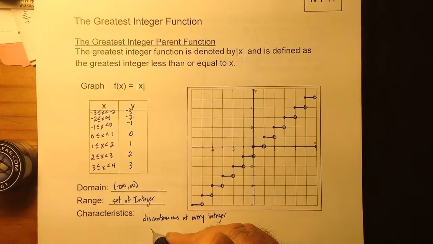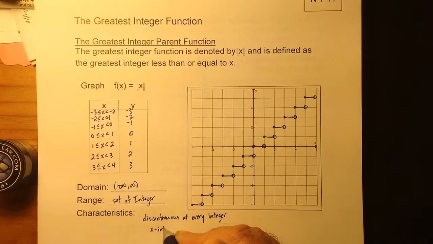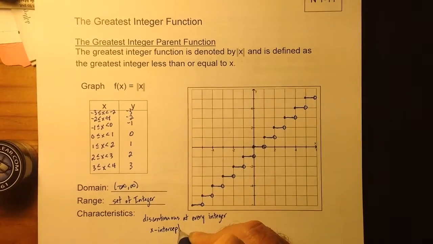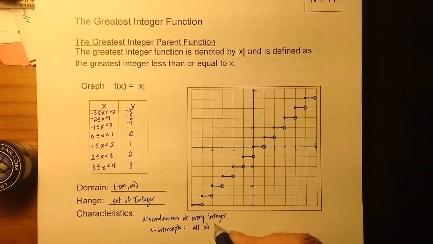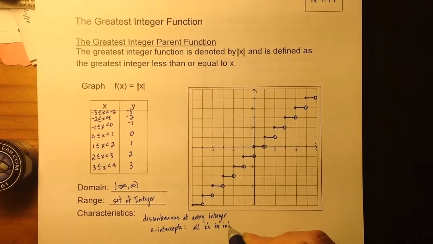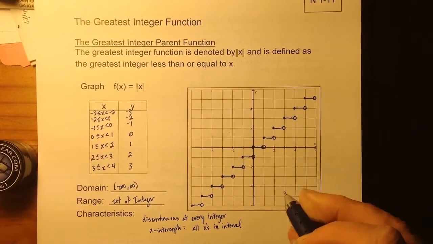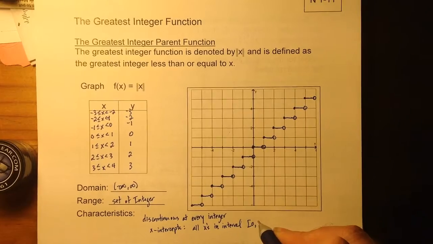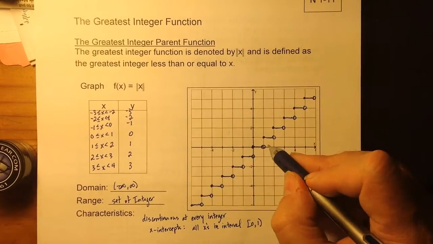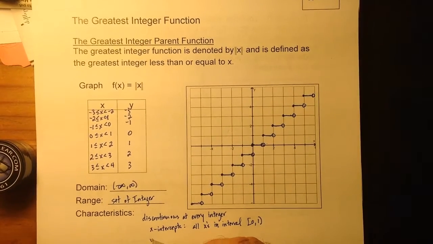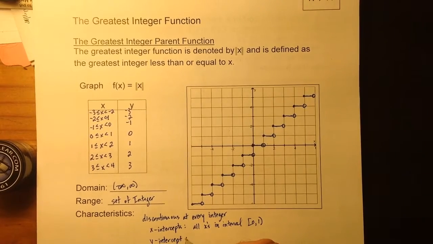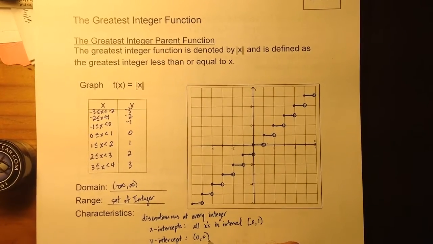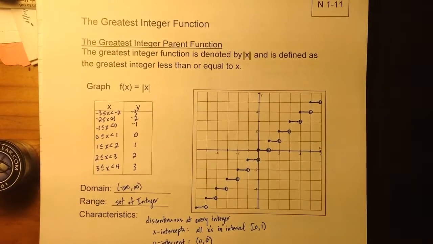My x-intercepts are going to be all x's in the interval from 0 to 1. All right, including the 0, not including 1. My y-intercept is 0, 0. That point, that single point, 0, 0.